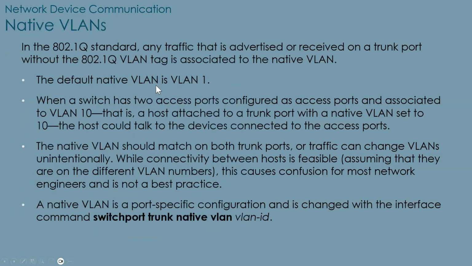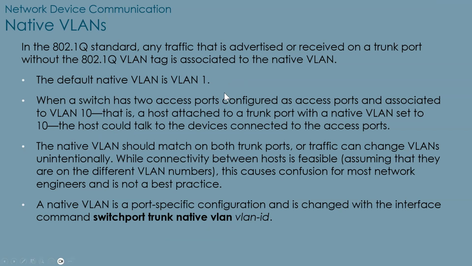What is native VLAN? Generally by default VLAN 1 is the native VLAN. Native VLAN is a VLAN which does not have any VLAN tagging. We have created VLAN 2000, 2001, etc. They have some tag value, like VLAN 2000 or 2001, they are the tag value. But if you have any VLAN without tag, that is nothing but the native VLAN.